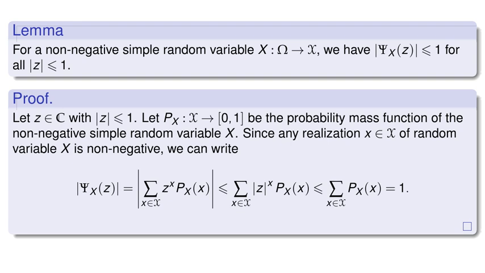Therefore, the sum is bounded above by the sum over x in script X of p_X(x), which is simply the sum of all probabilities equaling 1.